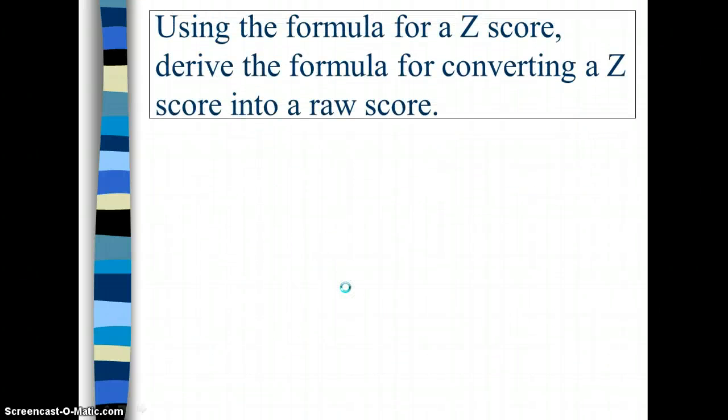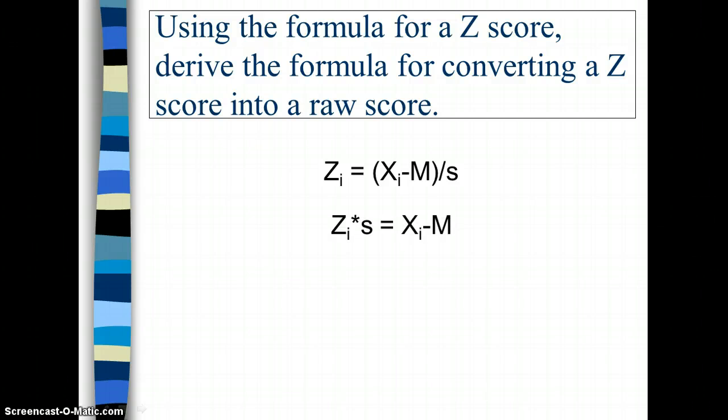Okay. So, using the formula for a z-score, could we derive the formula for converting a z-score into a raw score? So here's our z-score formula. All we have to do is use a little bit of algebra. We move the standard deviation over here, right, by multiplying standard deviation by each side.